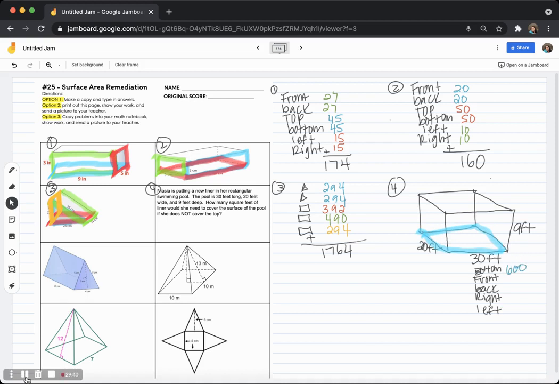The front is 30 by 9, and that gives us an area of 270. The back will be the same. Then the right is 9 by 20, which gives an area of 180, and then we add those up. And that would give us a total surface area of 1,500.